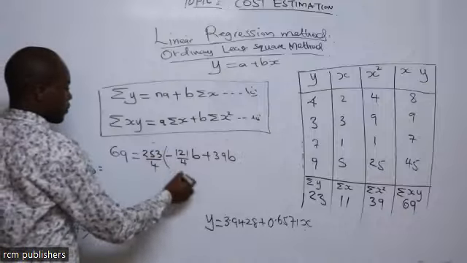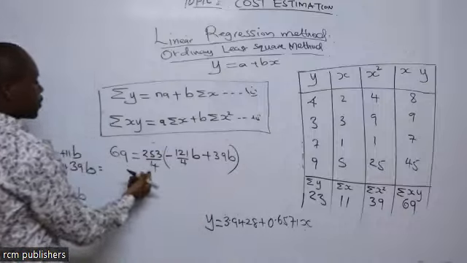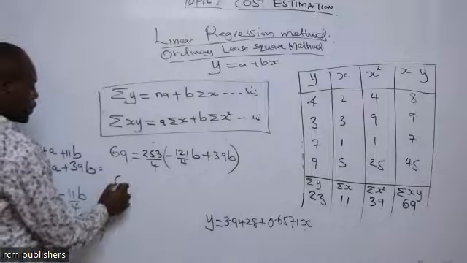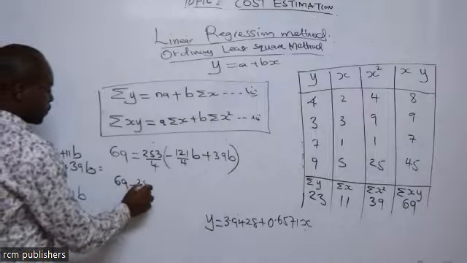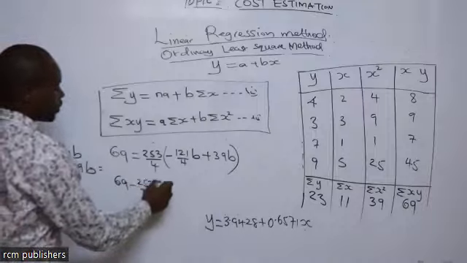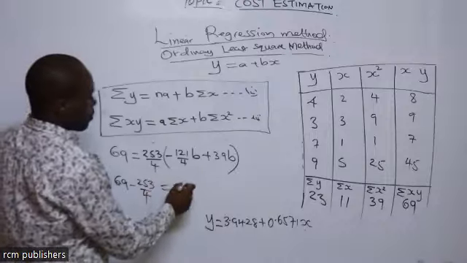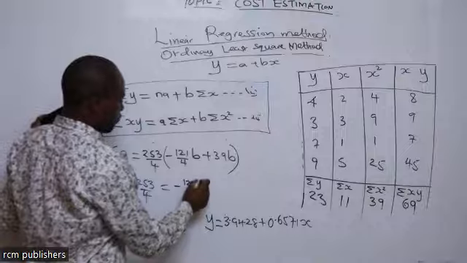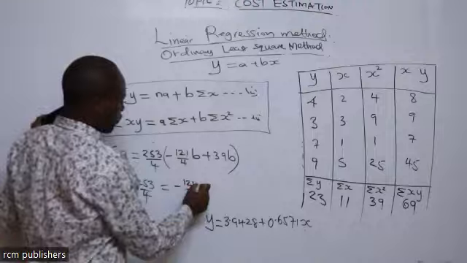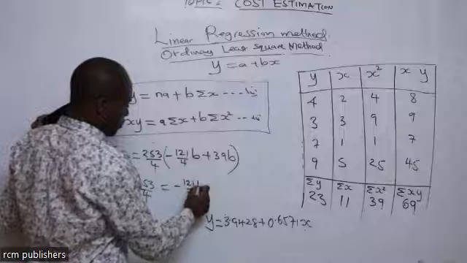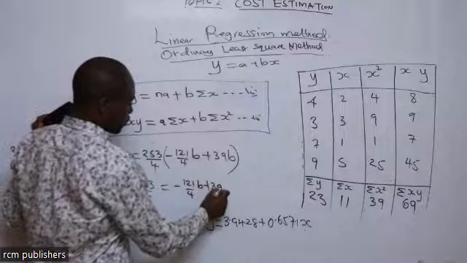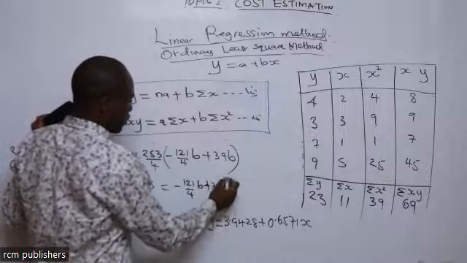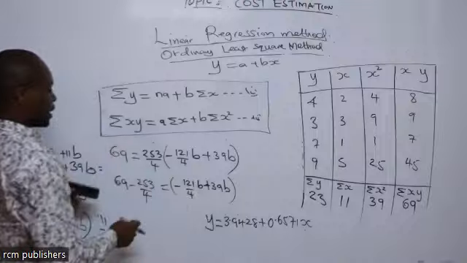These ones here go together. This one crosses the equal sign to be minus. So 69 minus 253 over 4 is equivalent to minus 121 over 4 B plus 39B. All these together, what do we get?